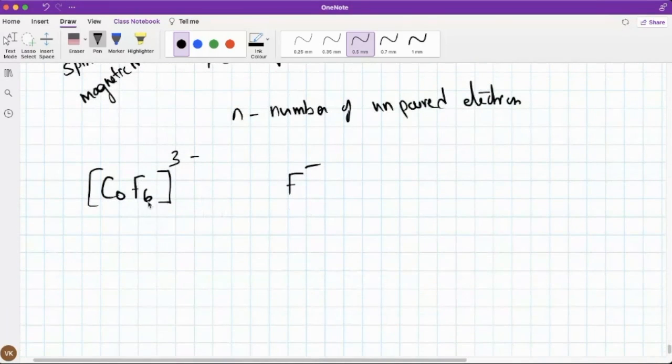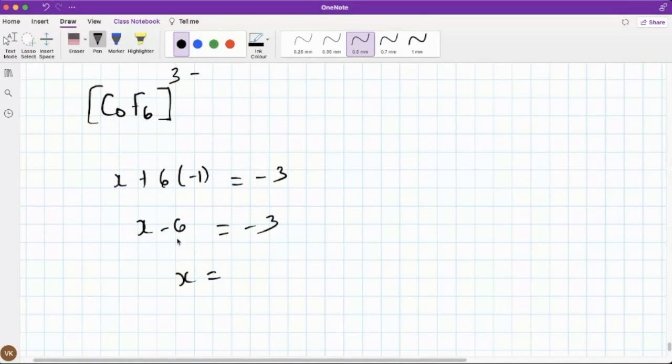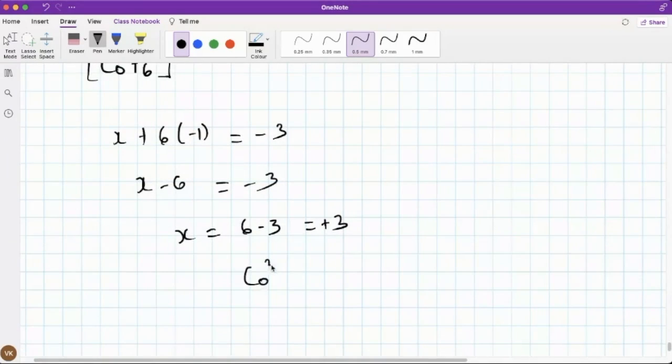You have 6, so it is 6 minus, and the total charge is 3 minus. You don't know the x, so let's put x plus 6 into minus 1 equal to minus 3. So x minus 6 equals minus 3, so x equals 3. So the oxidation state of cobalt is 3 plus.